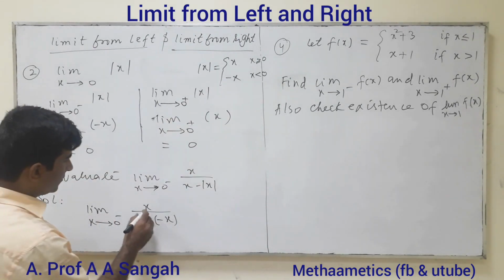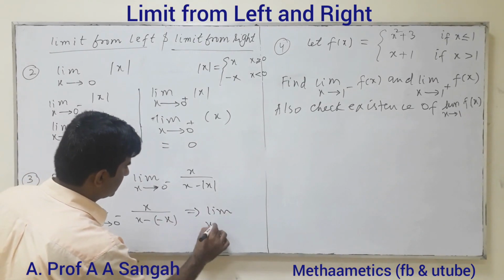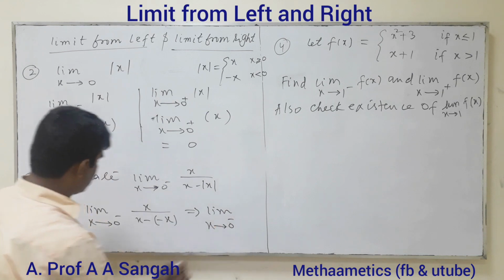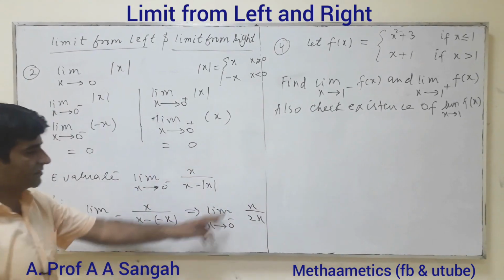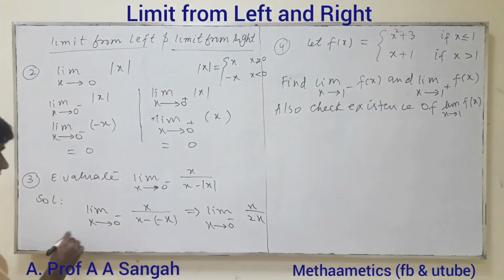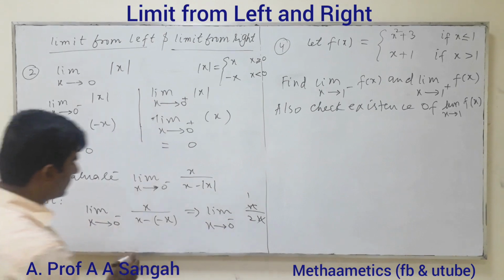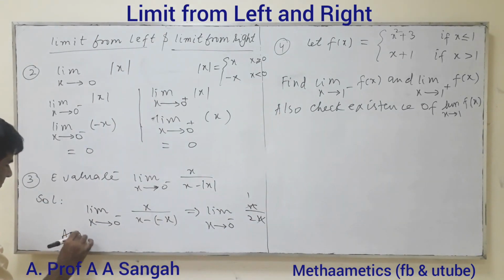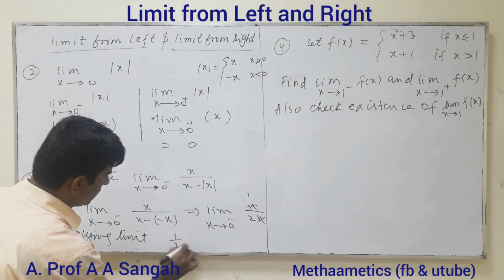So we have x upon 2x. x and x cancel. Applying the limit, it becomes 1 upon 2.